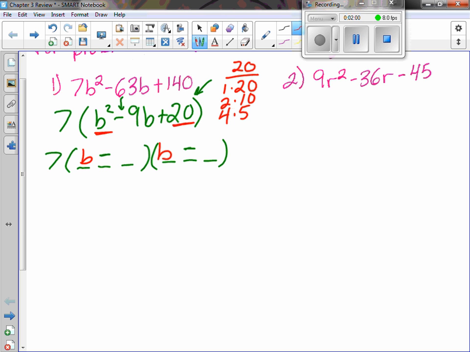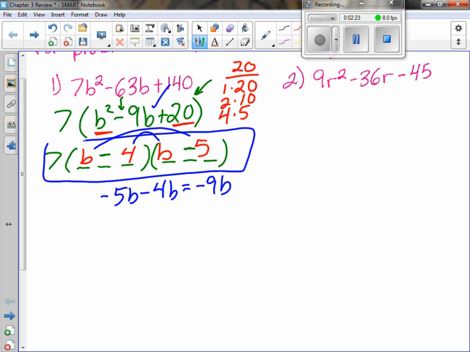Now which ones do we want to try? 4 and 5. And lastly, we check. B times negative 5 would be negative 5b. And negative 4 times b would be negative 4b, which gives us negative 9b. Is that what we wanted? Mm-hmm. So this here would be the answer. That would be the correct answer.